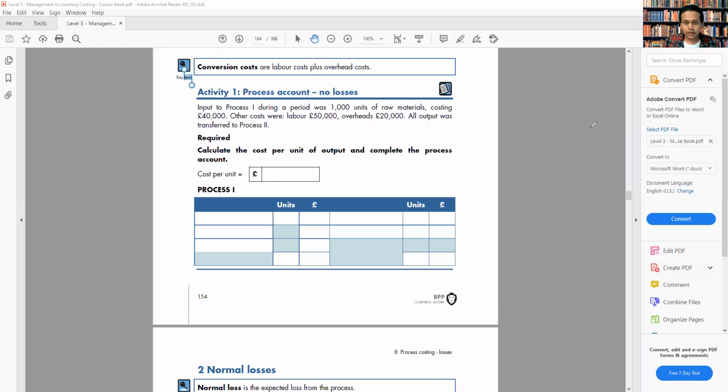So first we write the cost per unit formula. On the top, we write total process cost.